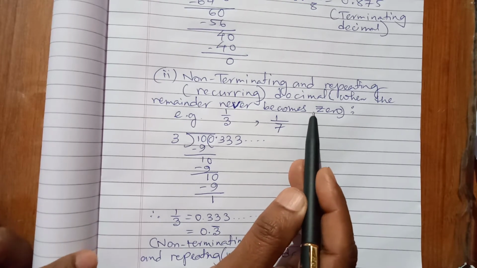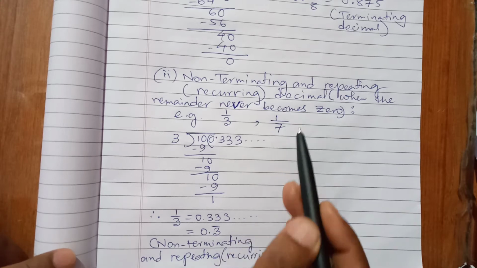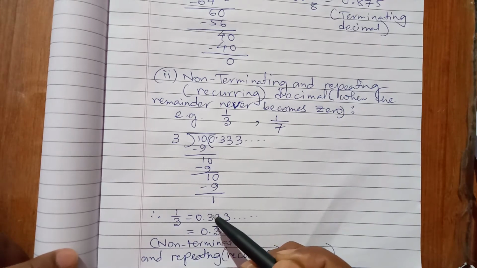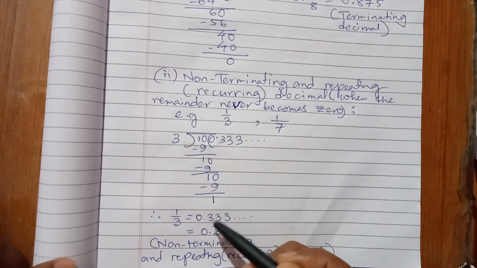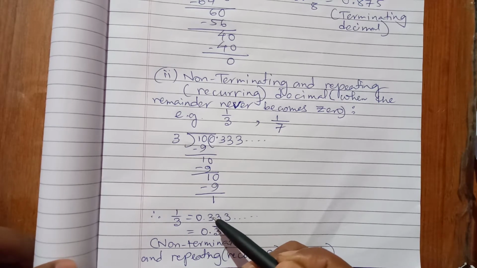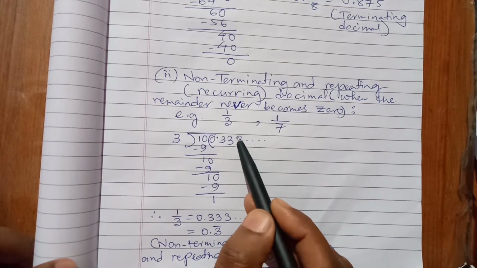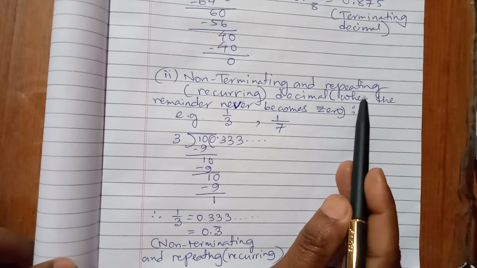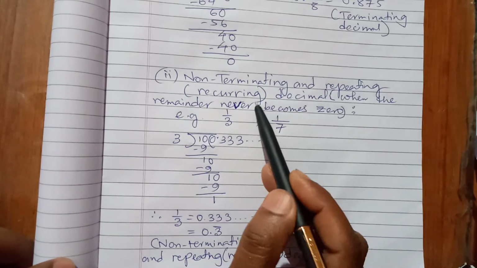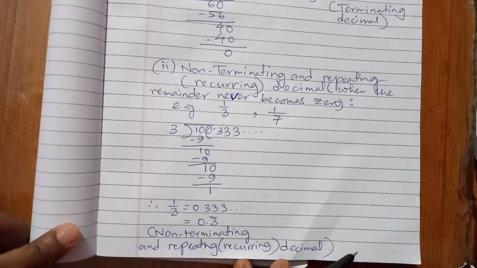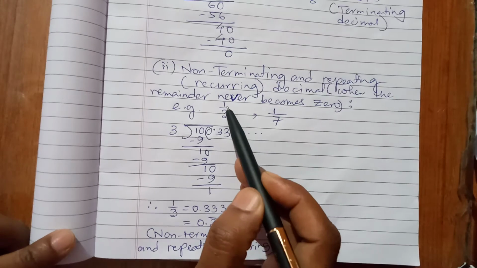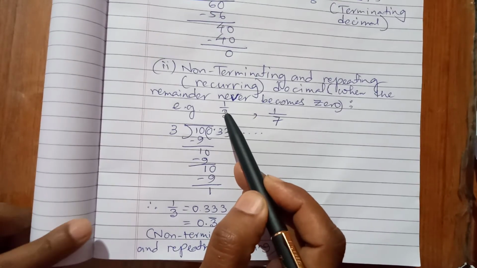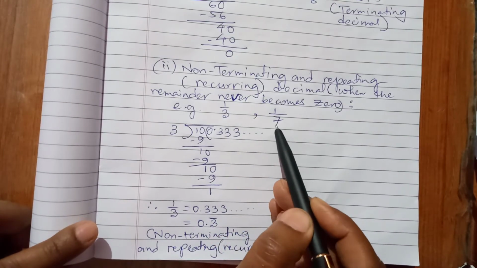If the remainder never comes 0, the division goes non-stop and will not finish. For example, I have taken two examples here, 1 by 3 and 1 by 7.